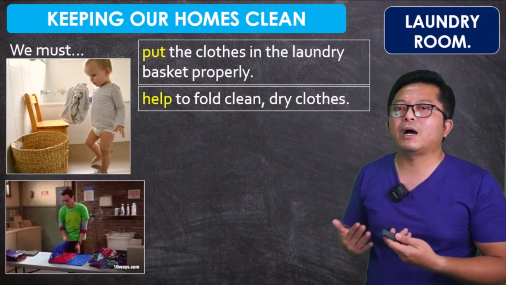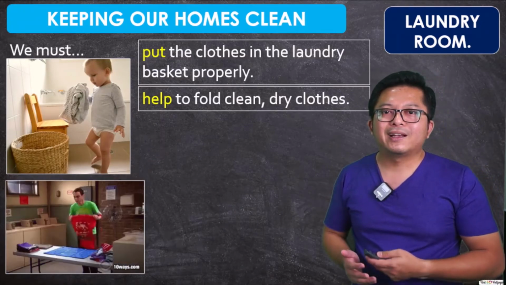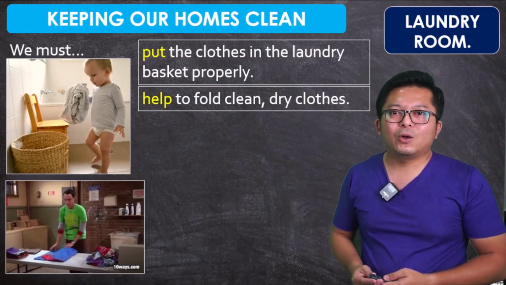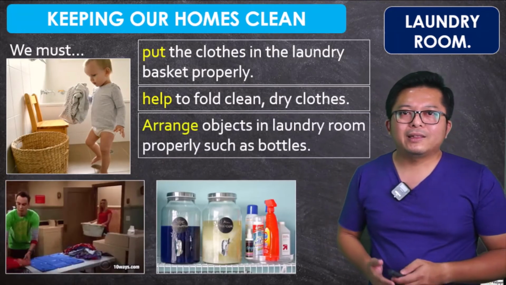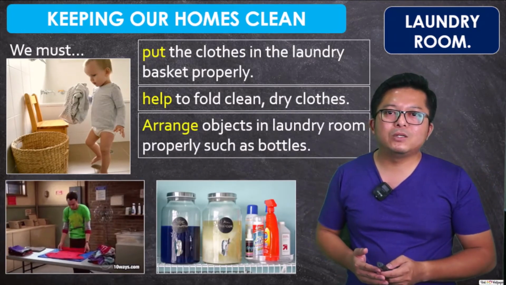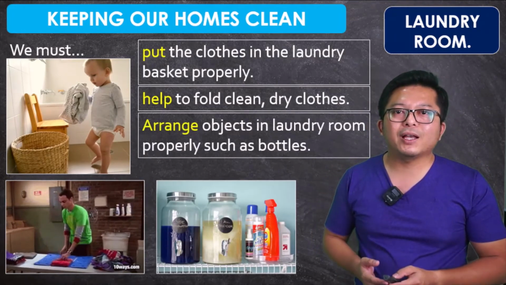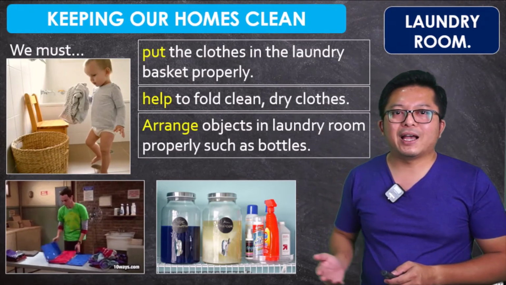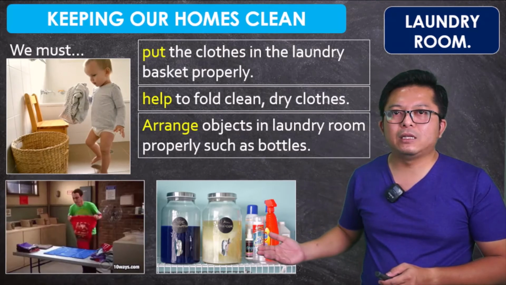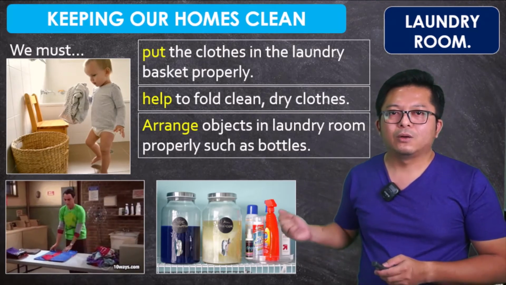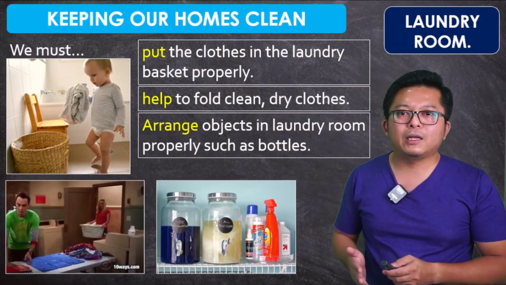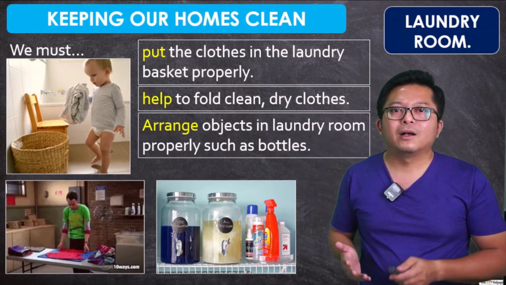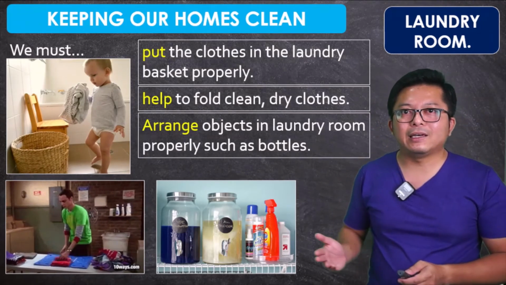Now we need to help our mother to fold the clean, dry clothes. Then the next thing that we must do is to arrange objects in the laundry room properly, such as bottles like this, detergents. We must arrange them properly so it will look nice and neat.